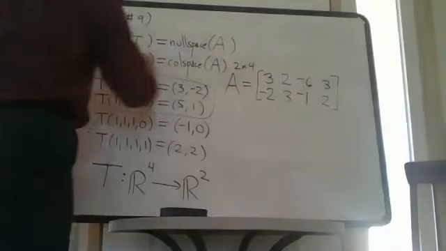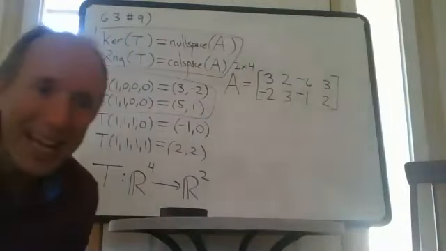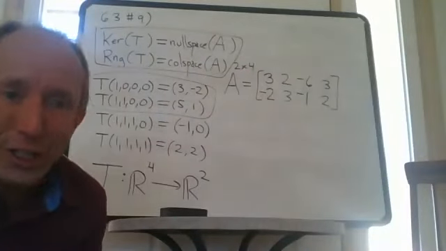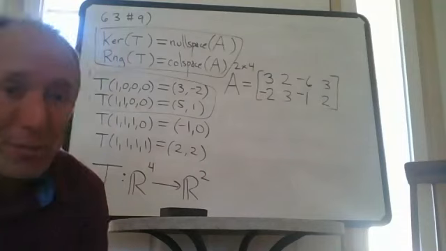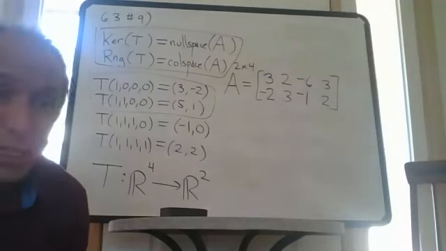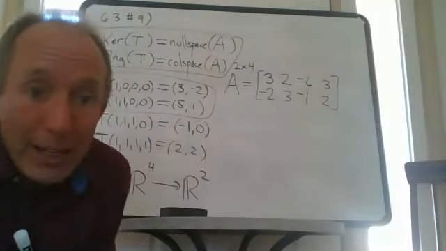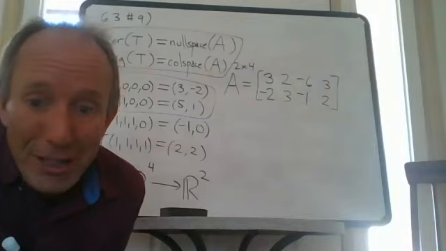So this is a nice thing to try to understand, right? The kernel of this type of transformation is just the null space of this matrix. So to find the null space or the column space for that matter, we just have to row reduce this matrix.